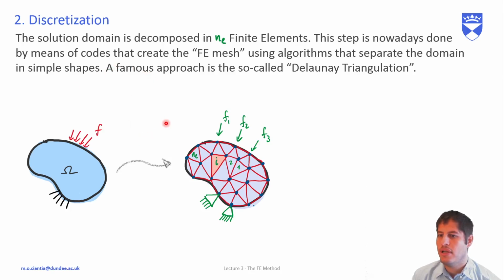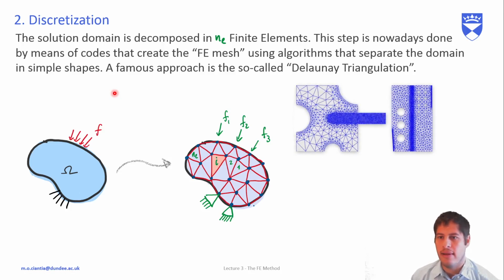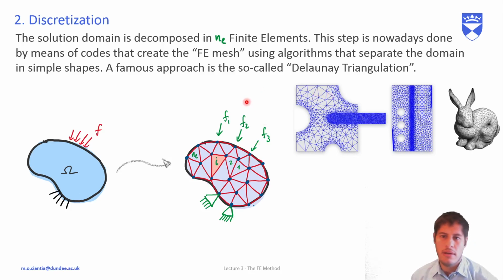Well, this is usually done in a pre-processing phase of standard finite element codes, and something that is underneath our computer is usually the so-called Delaunay triangulation, the way you generate a mesh automatically. And so we basically discretize our continuum, and we can have it finer in some regions of interest and less fine in others. In 2D, in 3D, for example, we can mesh this little rabbit.